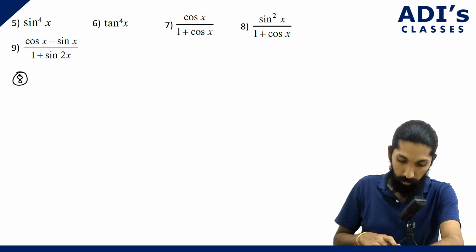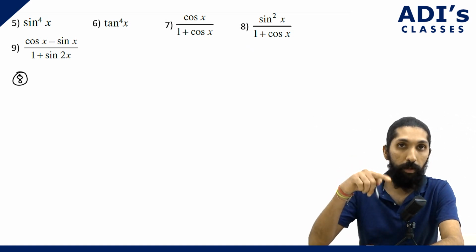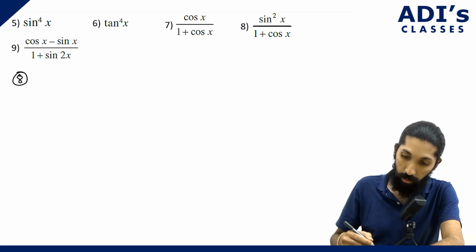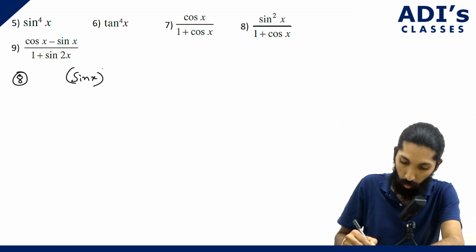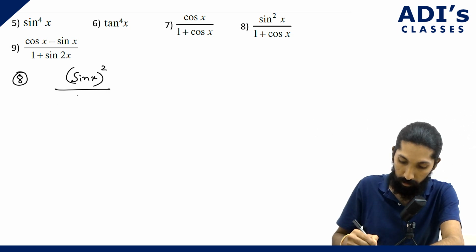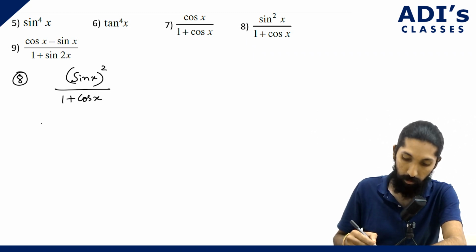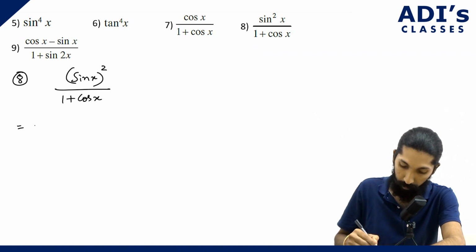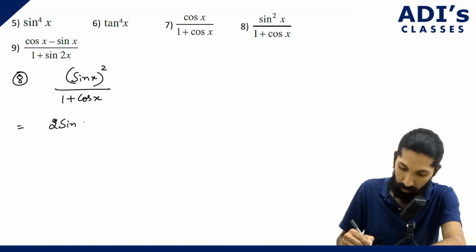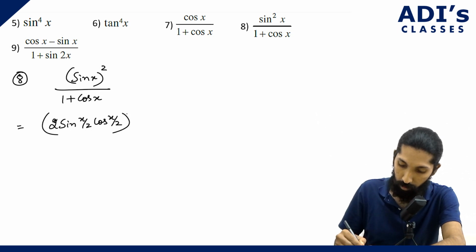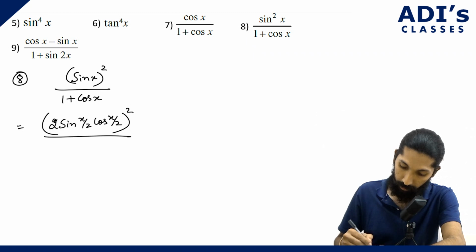See, in the 8th one, sin square x divided by 1 plus cos x. Correct? Now, sin square x, we can write it as sin x whole square by 1 plus cos x. Simplify. This you can write it as, see, 2 sin x by 2 cos x by 2 whole square, divided by 2 cos square x by 2.